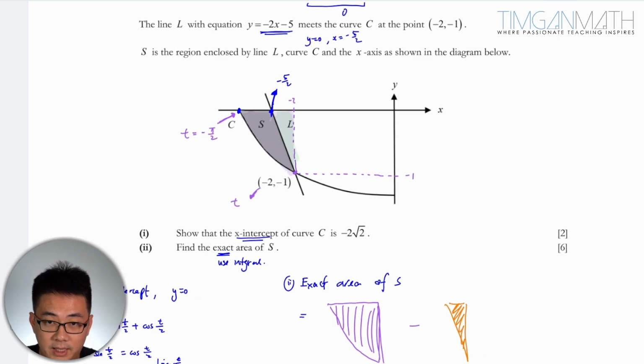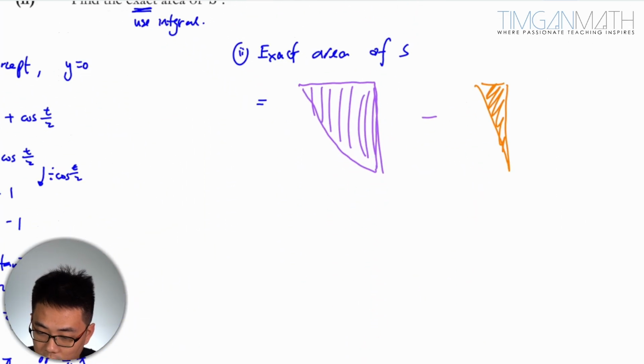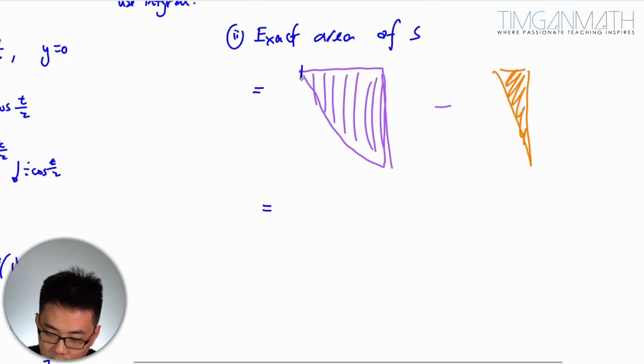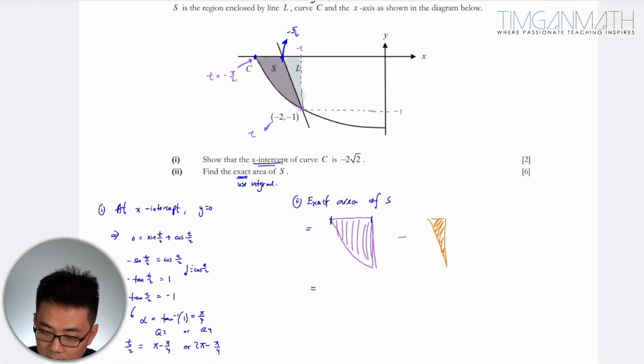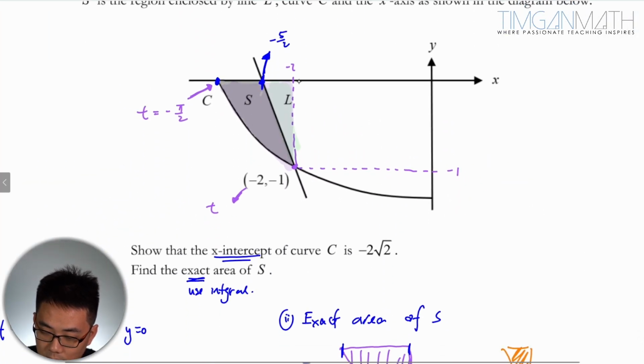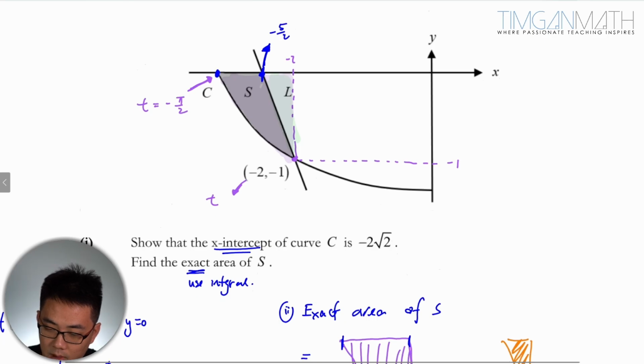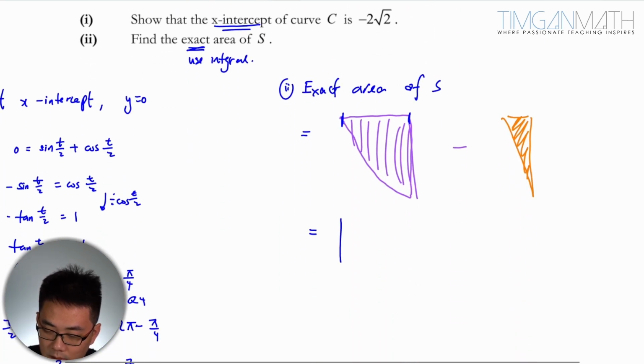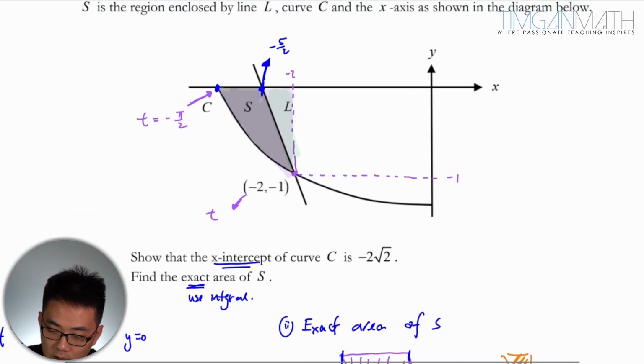Great. This area is negative area. Remember, this is below the x-axis, so you can just do this integral here. You start off with this -2 here. We're going to mod it actually. Just integrate from the smallest.